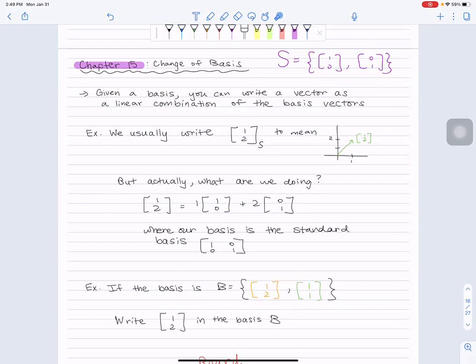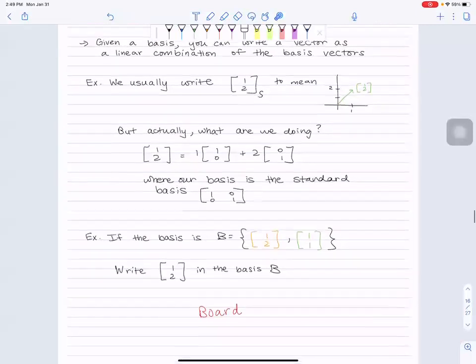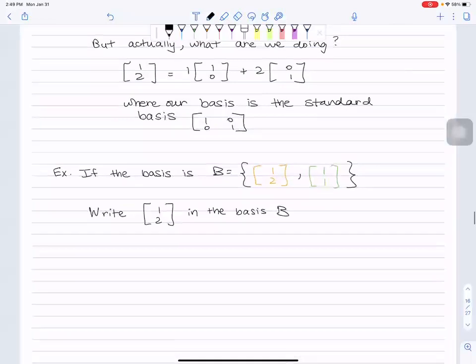Now, change of basis is: what if we don't have the standard basis? We have some new basis. For example, if we had this basis B, 1, 2 and 1, 1, and we want to write 1, 2 in the basis of B, what do we do? What did we do above with the standard basis?